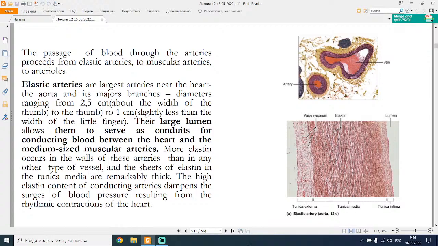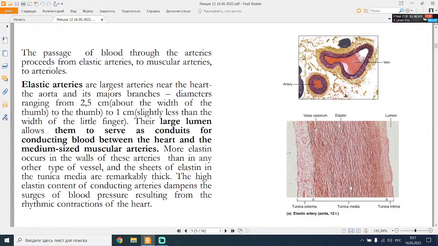The high elastin content in conduction arteries dampens the surges of the blood pressure resulting from the rhythmic contraction of the heart.